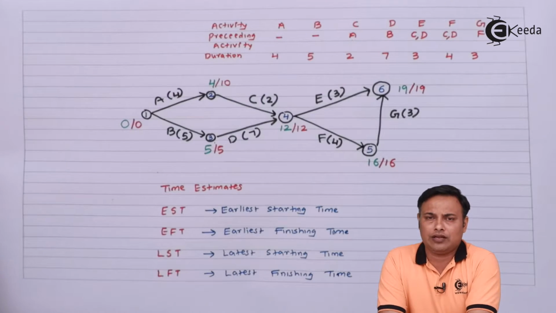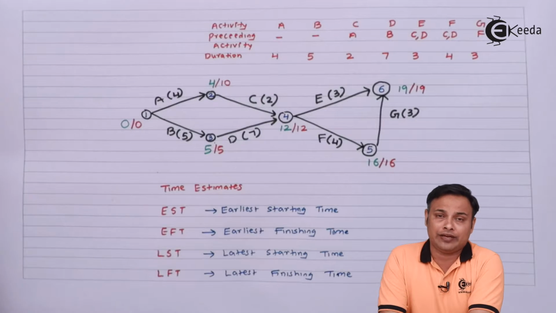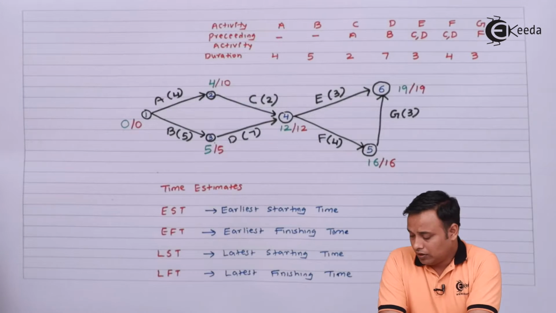In the same manner, if I start an activity at the earliest starting time and nothing goes wrong, then I can complete it at the earliest possible time. That time where the activity can be completed at the earliest will be called the earliest finishing time, EFT.